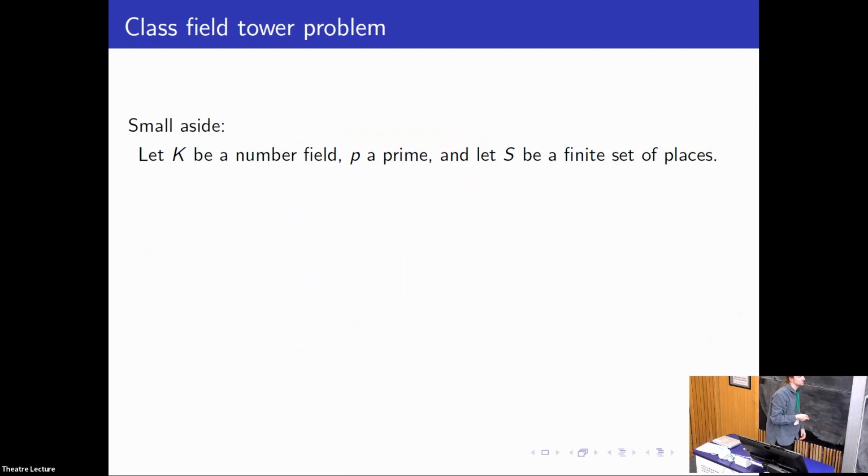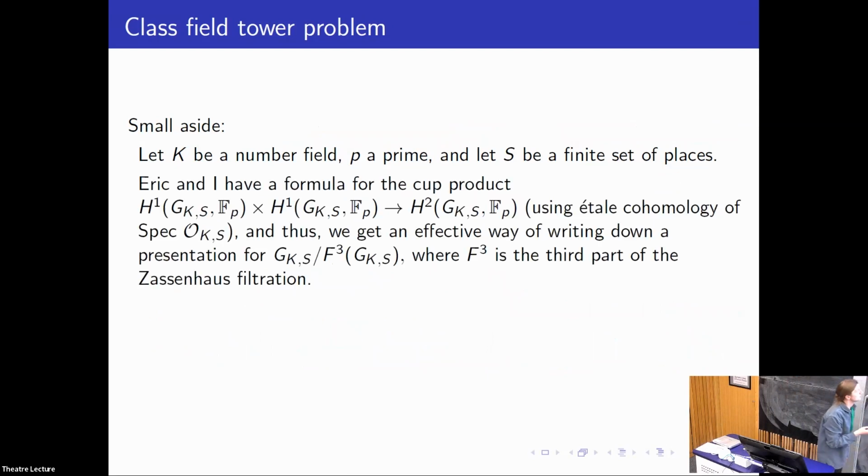If K is a number field, p a prime, and you let S be a finite set of places, then Eric and I have a computer program, and a formula that gives you the cup product for the étale cohomology of Spec O_{K,S}. By using this, you get an effective way of writing down a presentation for this G_{K,S} modulo the third part of the Sassenhaus filtration.